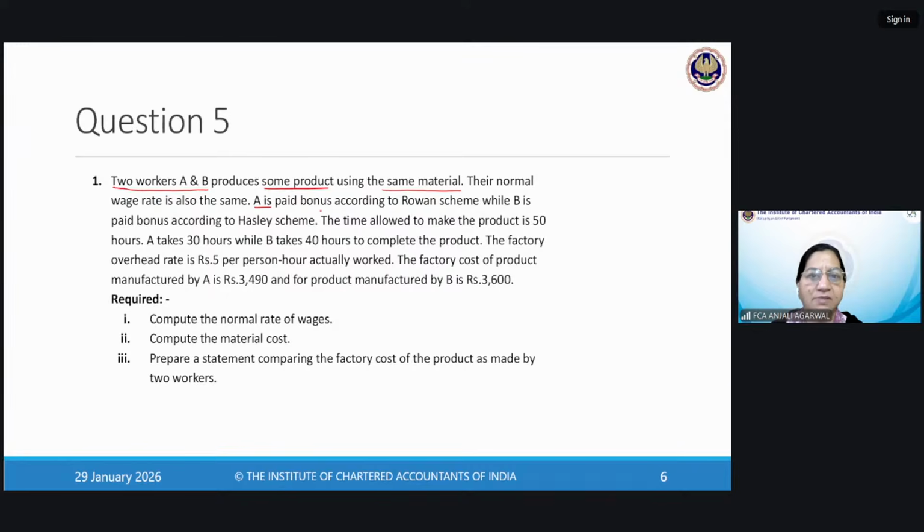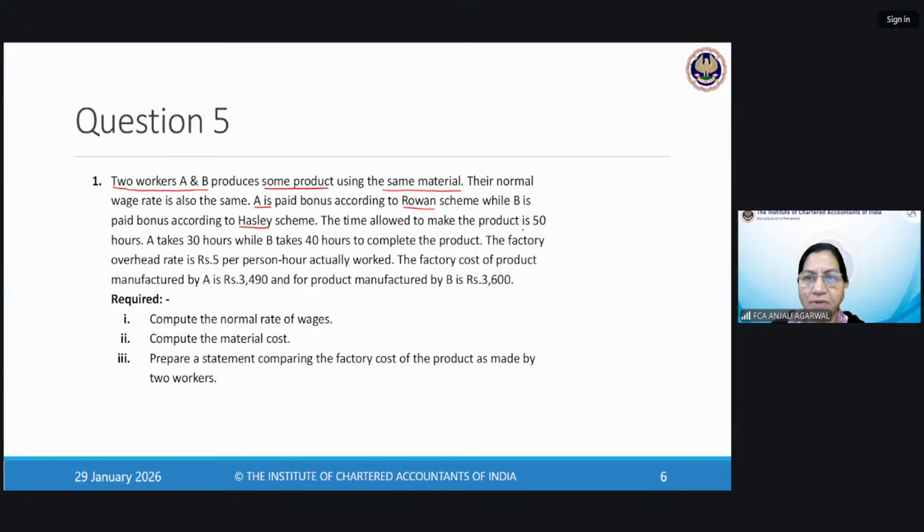However, A is paid according to the Rowan scheme and B is paid according to the Halsey scheme. So far what we are saying is they use the same material, they are paid at the same hourly rate. However, the incentive scheme that is applicable to worker A and worker B is different. A will be paid according to the Rowan plan and B will be paid according to the Halsey plan.